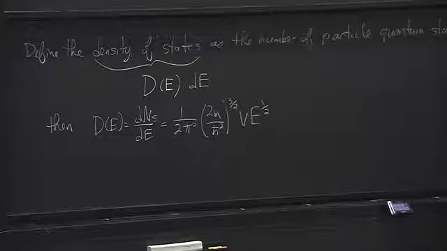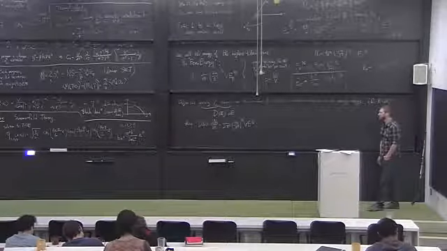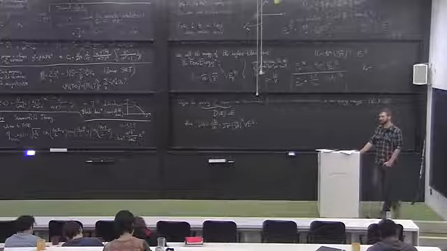I've just taken a derivative with respect to E. So my E goes down to the power of 1/2, and I have all these constants out front, including the volume.